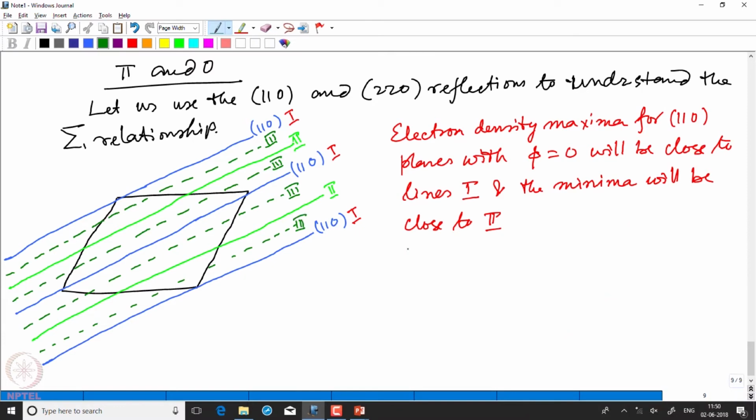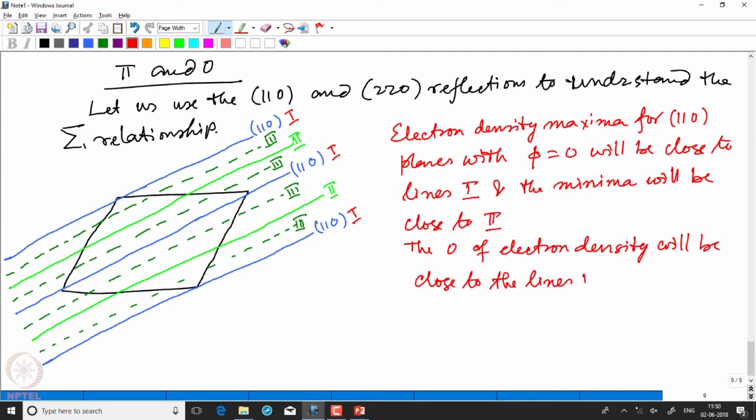So the minima, the 0 of electron density, will be close to the lines marked as 3.